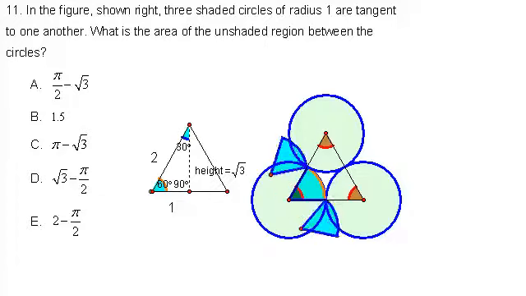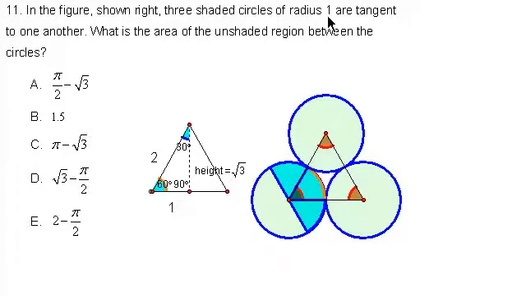How are they making the semicircle? Because this vertex angle is 60, this one is 60, and this one is 60, so 60 plus 60 plus 60 makes 180, and that is how this is making a semicircle.